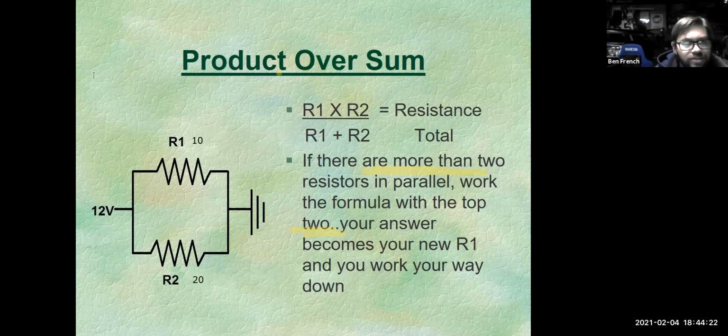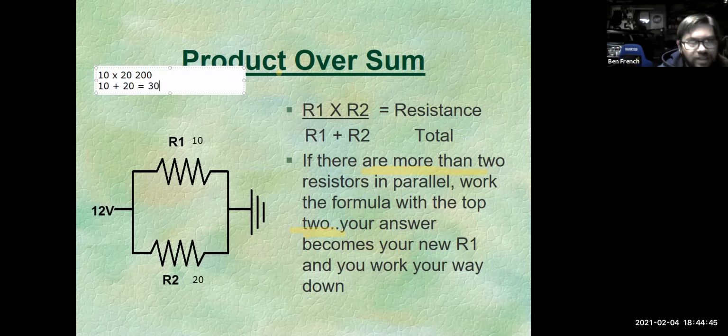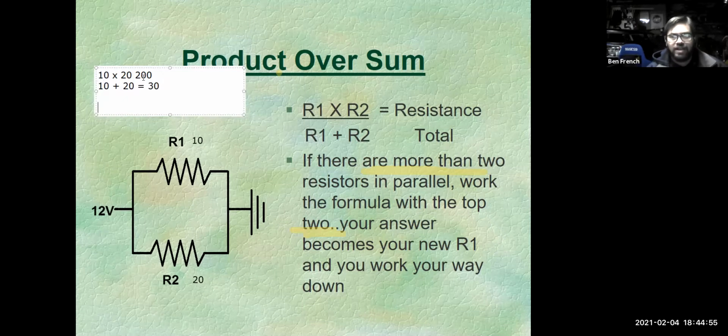This will still work. 10 ohms times 20 ohms is going to equal 200. But 10 plus 20 is going to equal 30. Now I end up in a weird deal where I'm trying to get 30 into 200. So if I divided that out, in fact, I'll do it. This is one of the things I wanted to do.